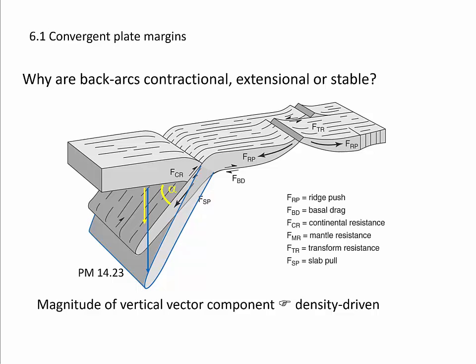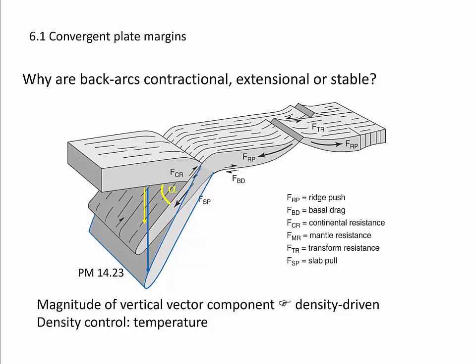And so if the subduction angle depends on density, then we need to ask what controls density, and of course the density of oceanic lithosphere depends on temperature. High temperature oceanic lithosphere has a lower density than low temperature oceanic lithosphere, and the temperature in turn is controlled by the age of the lithosphere.